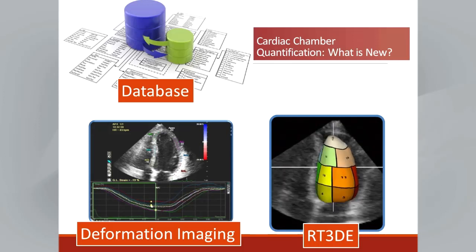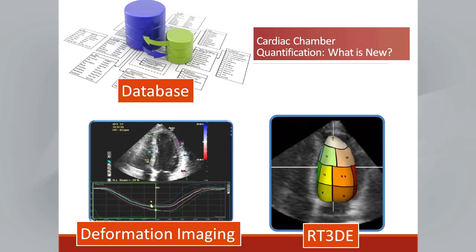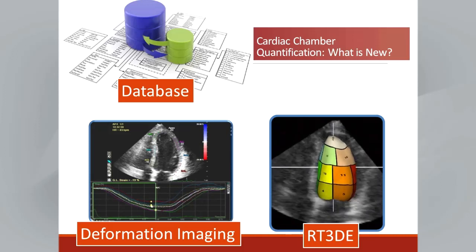In this document, we have obtained databases from many generous colleagues, and I'll talk to you about this in a minute. We have averaged all of these databases from which we obtained the normal values, many times on thousands and thousands of patients.